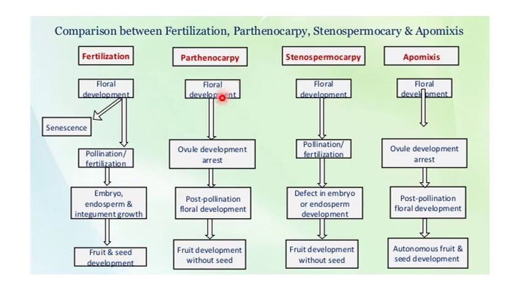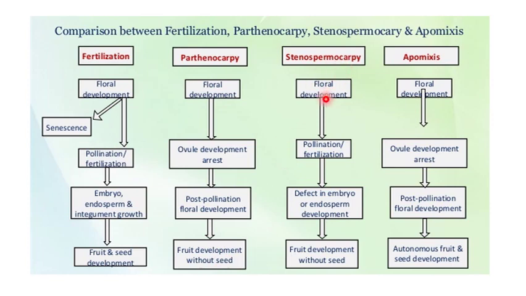While in case of Parthenocarpy, the floral development occurs in a proper way, but the ovule development cannot proceed in a proper way. That's why the fruits are obtained without seed.